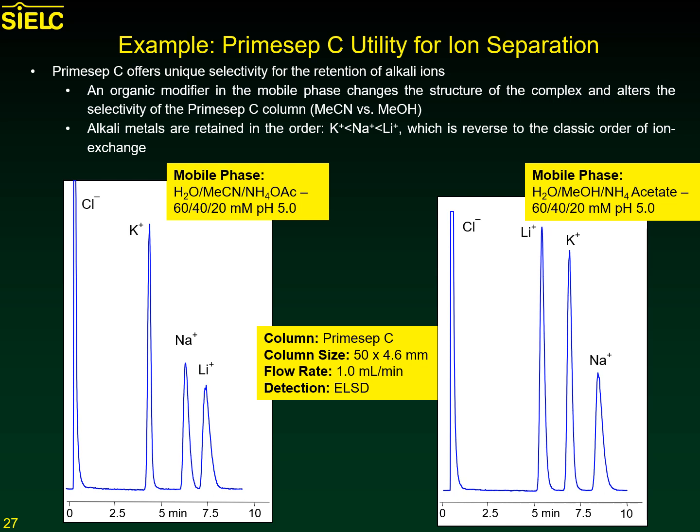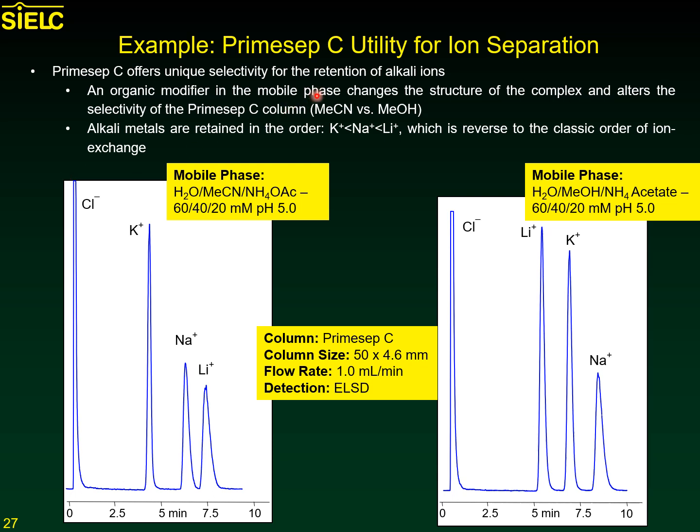In this example, we are showing the utility of the Primesep C columns for ion separation. The Primesep C column offers a unique selectivity for the retention of alkali ions. Your choice of organic modifier in the mobile phase can change the structure of the complex itself and thus alter the selectivity of the Primesep C column. Alkali metals are retained in the order of potassium, sodium, and lithium, which is reverse to that of classical ion exchange columns.